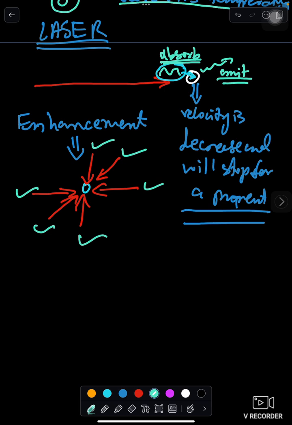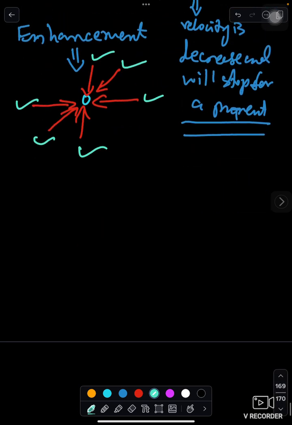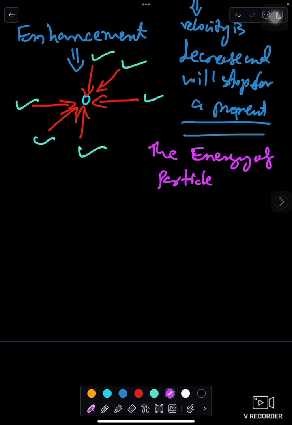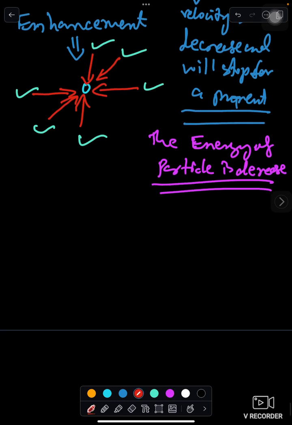They are hitting the particle from all sides, and what's happening is that the energy of the particle is decreasing.